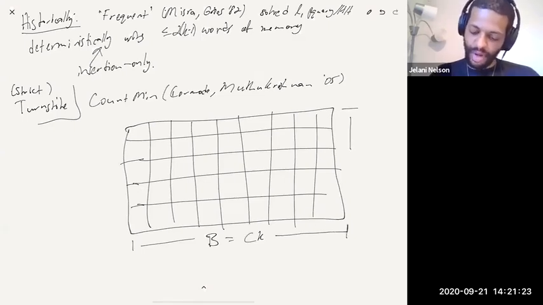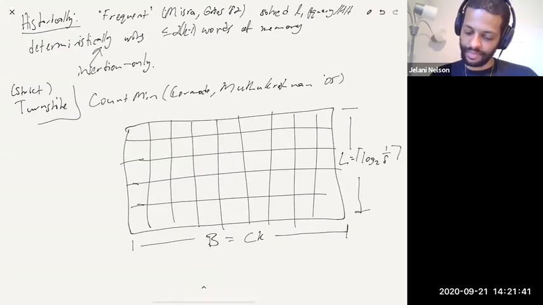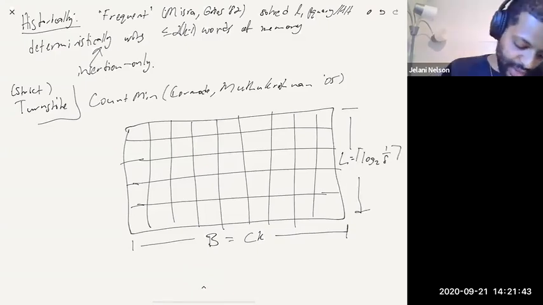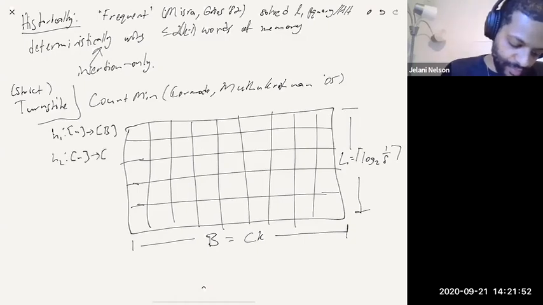And the number of rows is going to be, let's call it L, which is some constant times log whatever. Actually, in the strict turnstile model, it can basically just be log base 2 of 1 over delta, where delta is my desired failure probability. And I'm also going to have hash functions, one per row. So I have a hash function h1, which maps the universe into B. I have a hash function h2, which maps the universe into B, etc.